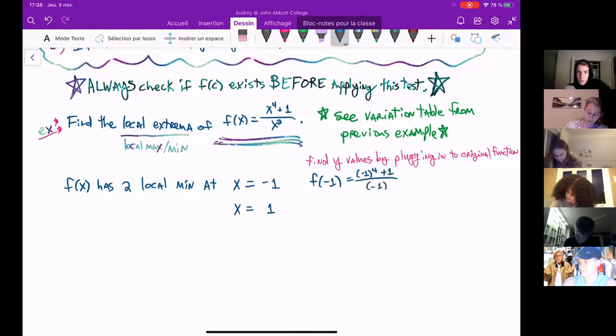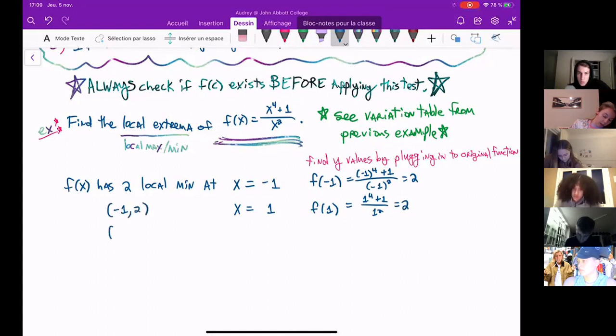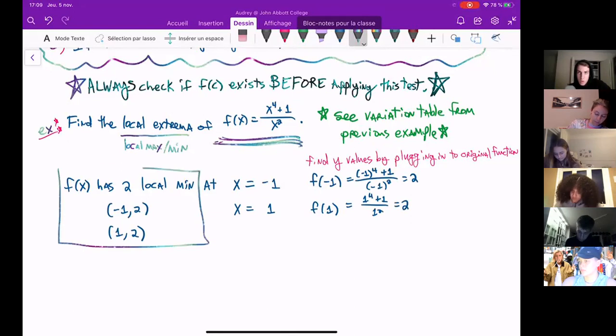And that gives me 2. And then I'm looking at f of 1, which also gives me 2. So my local min are at (-1, 2) and (1, 2). And that is the answer to this question. There are no local max.